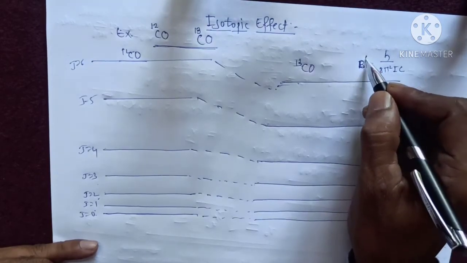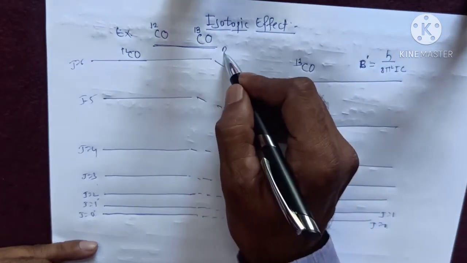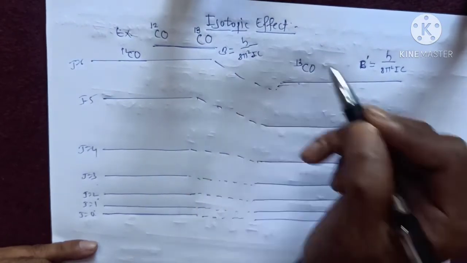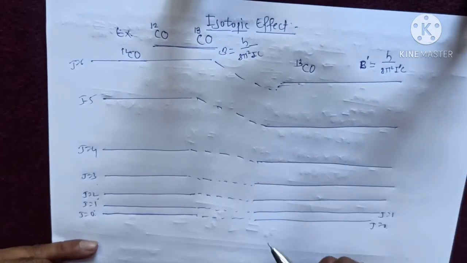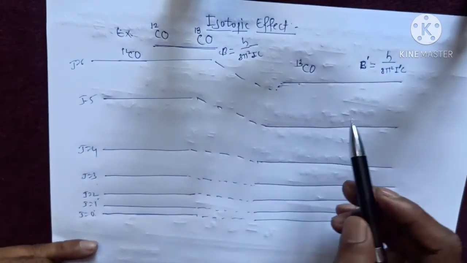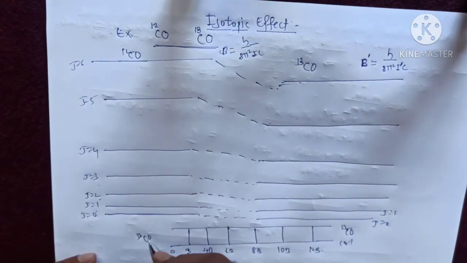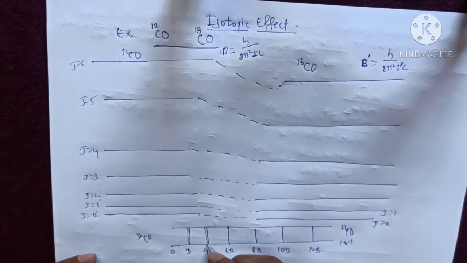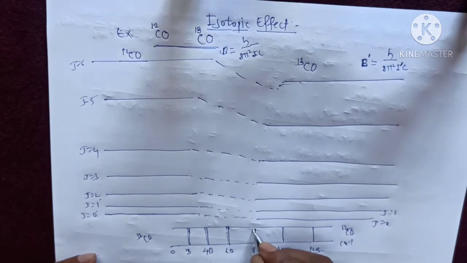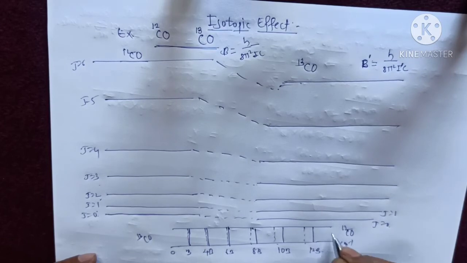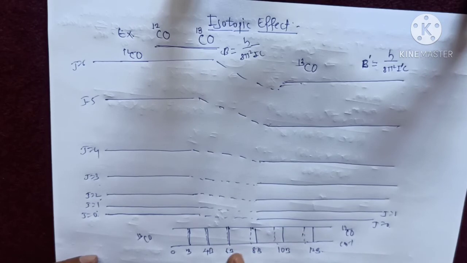So suppose this is B dash, and here it is B, so h upon 8 pi square I dash C. In the case of CO13, the lines we get will be like this. Again, the distance of the lines will be lesser and lesser.